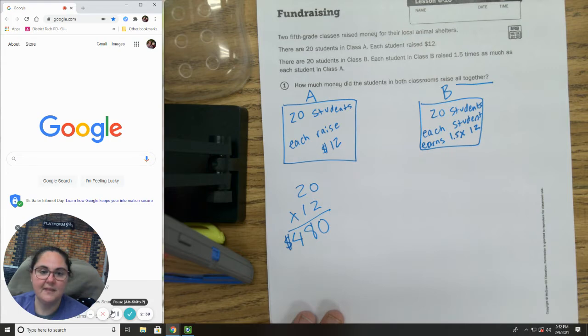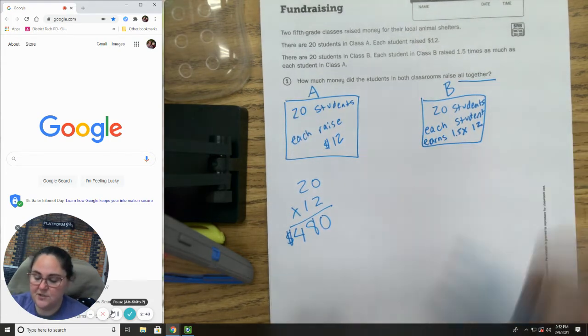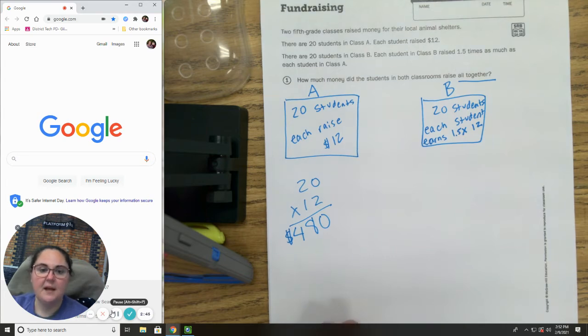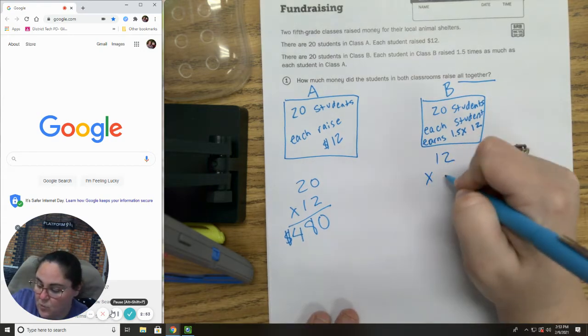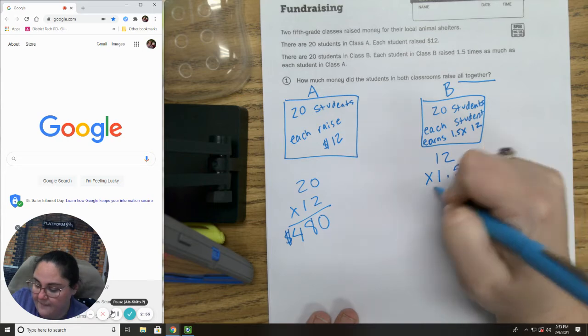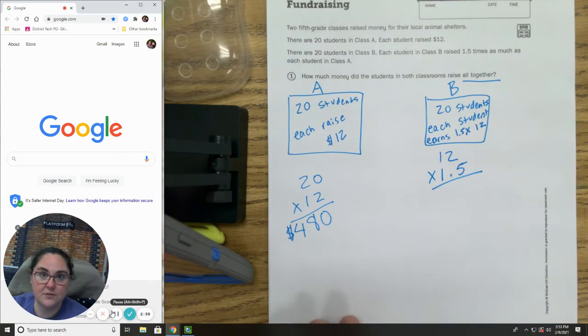Awesome. Now, all of the students in Class B, there are 20 of them, raised 1.5 times Class A. So I'm going to do 12 times 1.5 first to figure out how much each student earns.